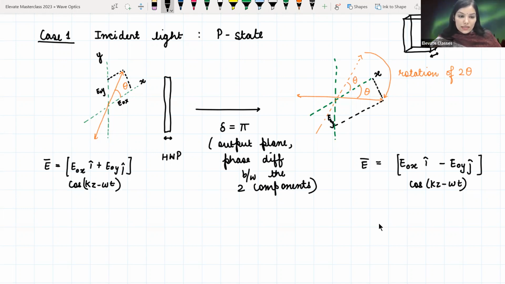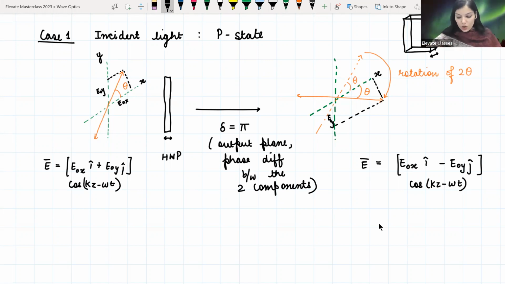So an extra phase is getting multiplied with this. Or you can add an extra pi phase to the cos kz minus omega t. Then we'll see that only in one component we will have this phase. For one it will be cos of kz minus omega t, for the other it will be cos of kz minus omega t plus pi, so that plus pi brings out a minus sign.